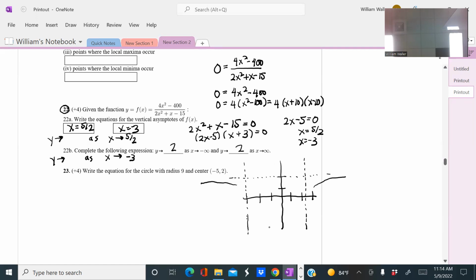Around the vertical asymptotes, the y values are either going to go to plus or minus infinity. So the graph is going to shoot up or fall off to negative infinity. So y is approaching either positive or negative infinity as x approaches 5/2. Y is approaching positive or negative infinity as x approaches -3.